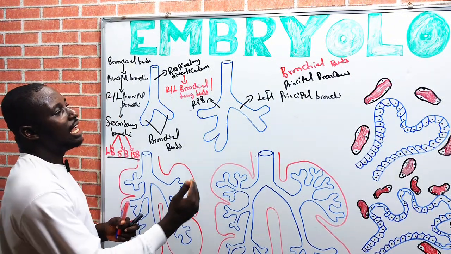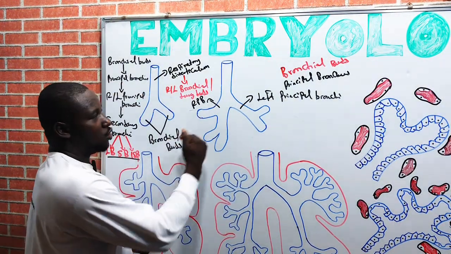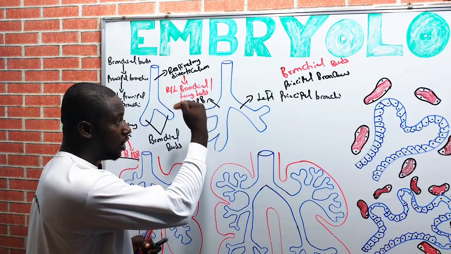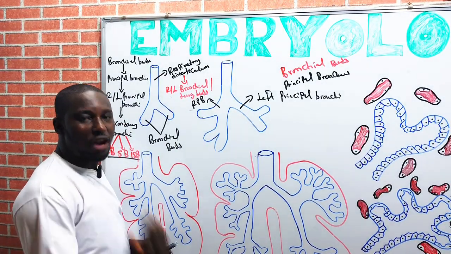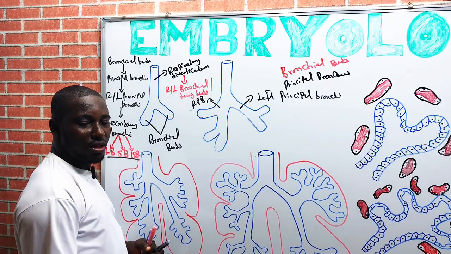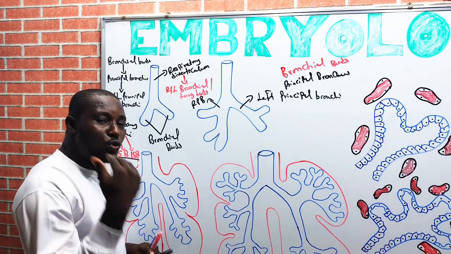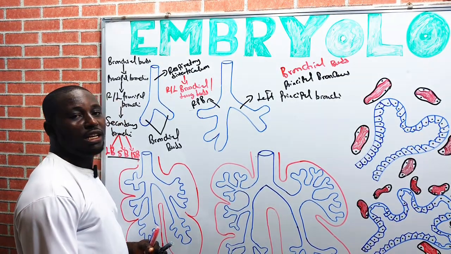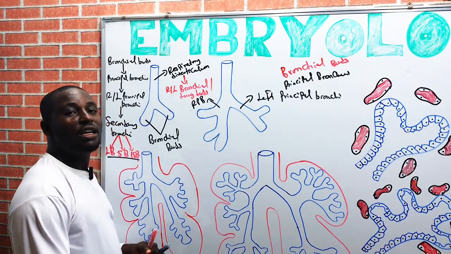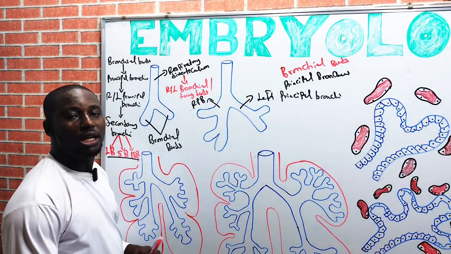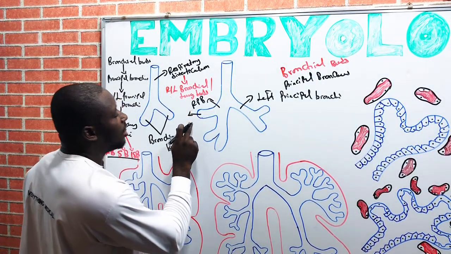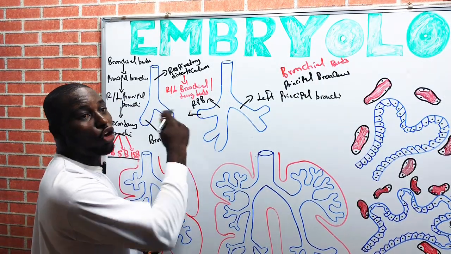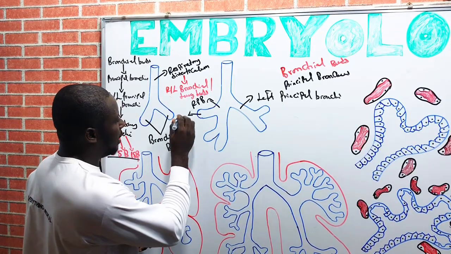Now, on the right side of the lungs, the superior lobar bronchi supply the superior lobe of the lungs, right? Here is the superior lobar bronchi, or the upper lobar bronchi.